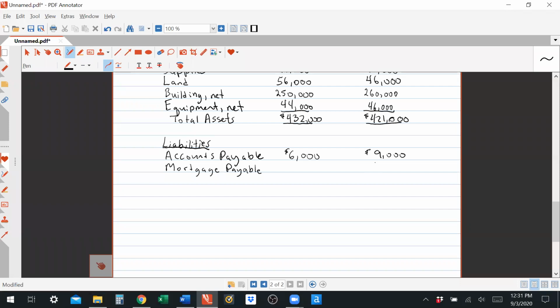So you might wonder, why did it go up? You would think after a year they paid some of it off. Well, they did pay some of it off on one of them, but this mortgage payable is the sum of all the mortgages they owe. They might have several mortgages on several assets, and during the year they paid off some of them, but some of them maybe they acquired some new assets and took out new loans. So the net effect of all that is mortgage payable, which is a long-term liability, went up by $5,000, as you can see.